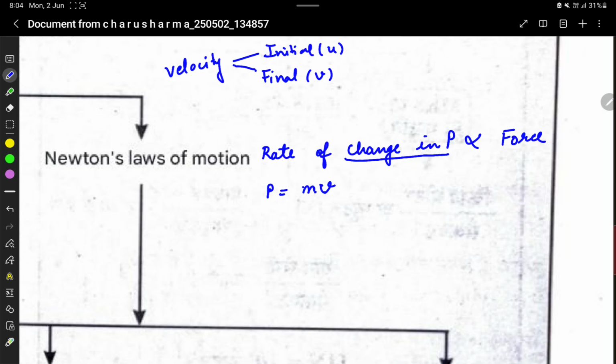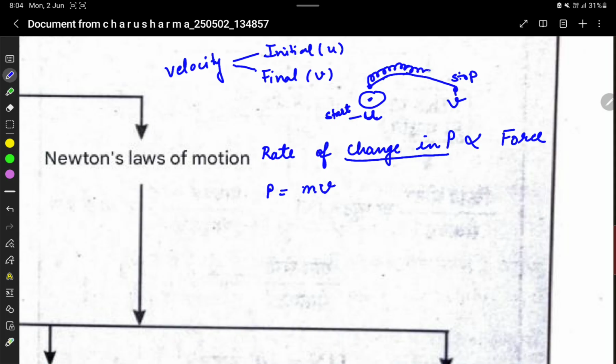What do you mean by initial velocity? We have started the car. When we have just started anything, the initial speed is known as your initial velocity. And when you are applying the brake and you are stopping the car, that time we get the final velocity. I hope that much is clear. So what is initial velocity? When you have started something and you are moving, because we are talking about velocity here.